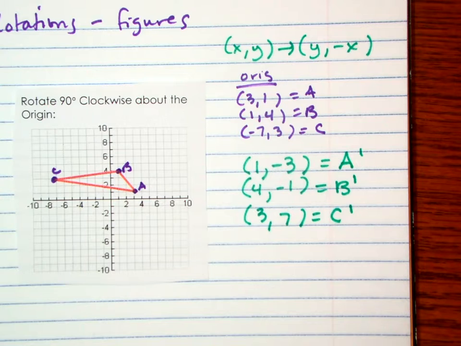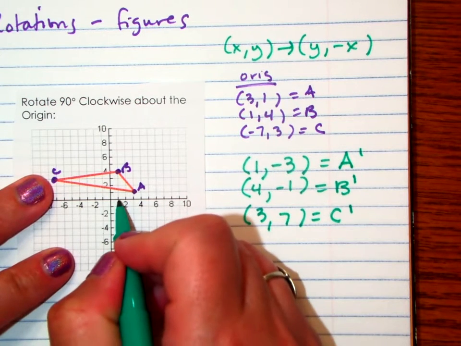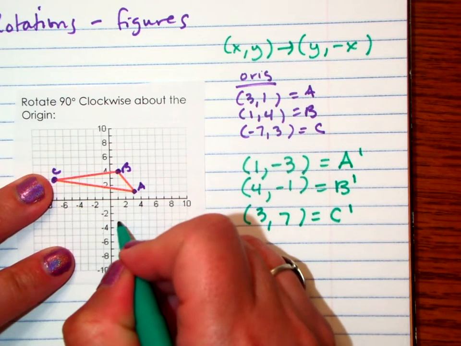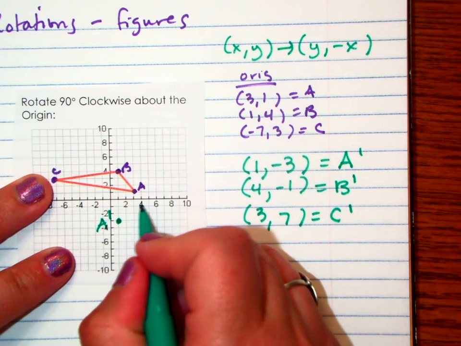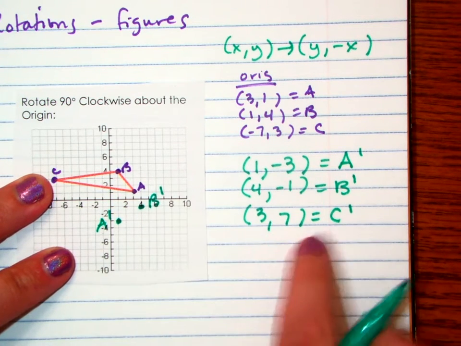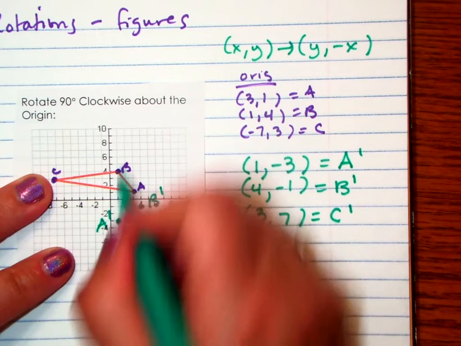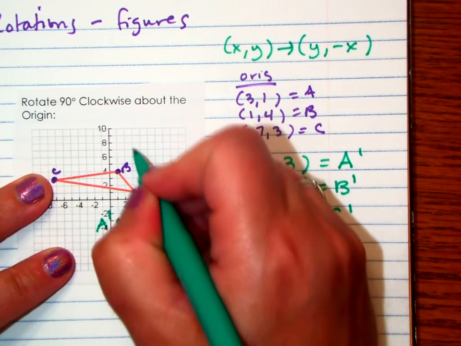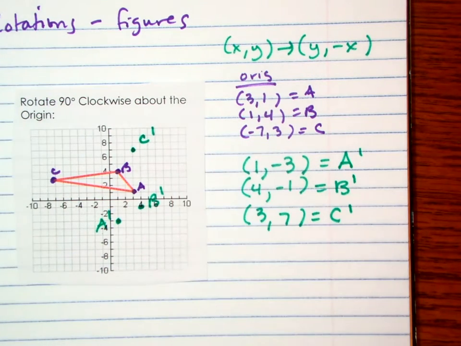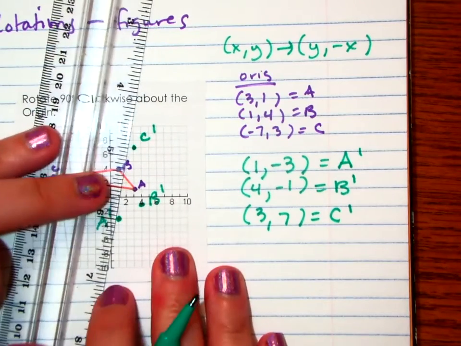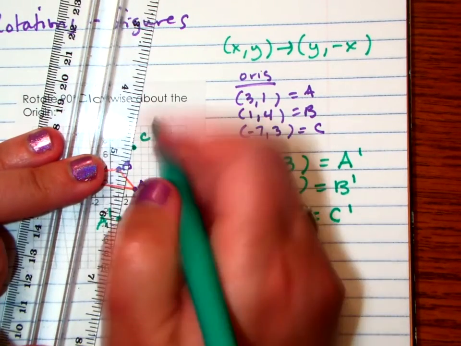Okay, so now I'm going to draw the new figure. So 1, -3, there's my A prime. 4, -1, which is my B prime, and 3, 7, so 3 and up 7, and here's my C prime. And luckily, I have a ruler because it's not the greatest idea to draw this without one.